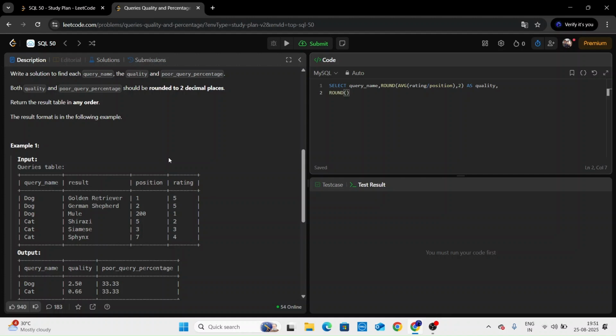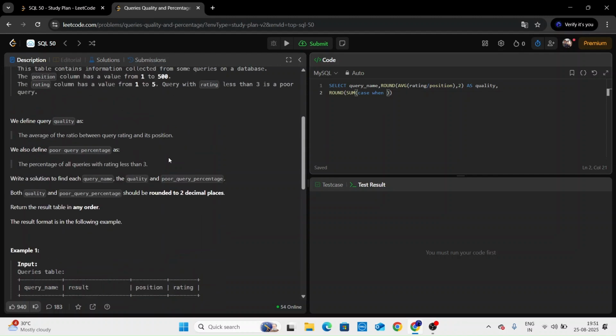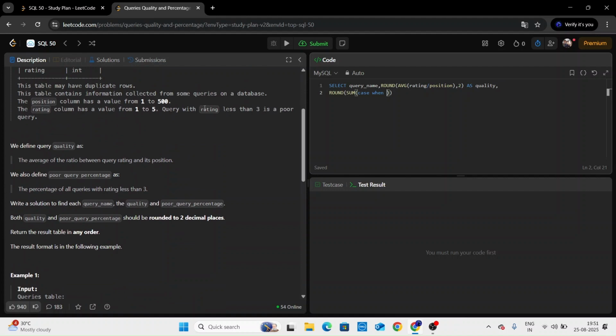Then we need to use the round function again. Okay, we need to use the sum function. We need to use the syntax case when the condition. What is the condition? When rating is less than 3, then it is called a poor query.